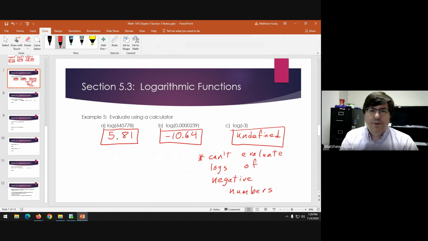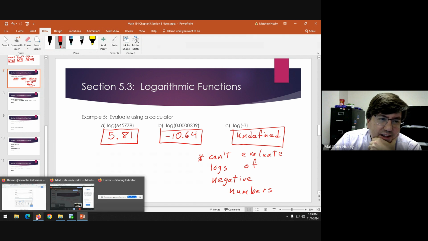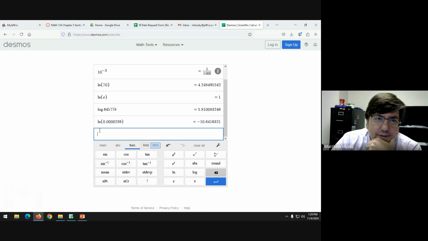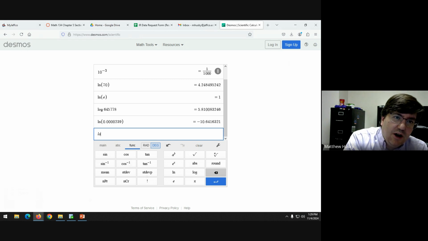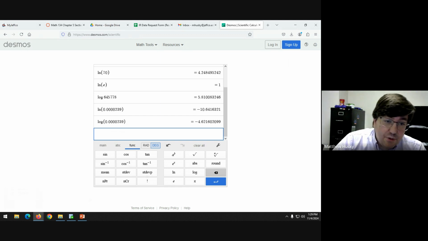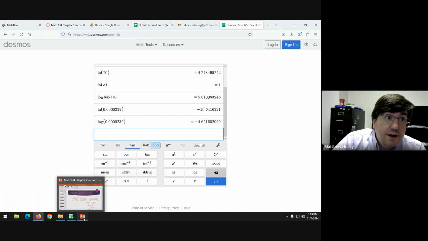I think I was supposed to do log of that. I think I actually did ln of that now that I think about it. Yeah, okay. It's supposed to be log because they're all logs. Was that 0.00000239? That's supposed to be negative 4.62.